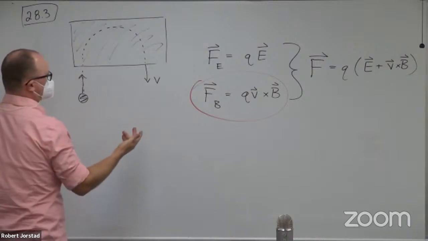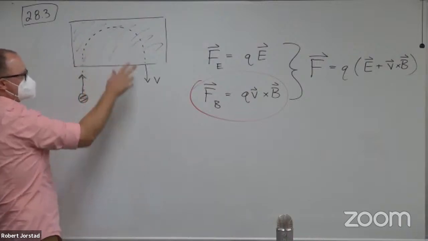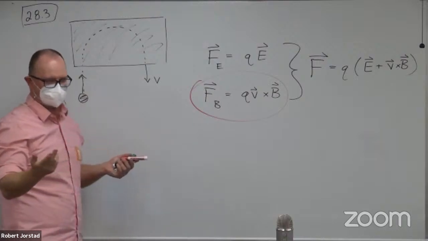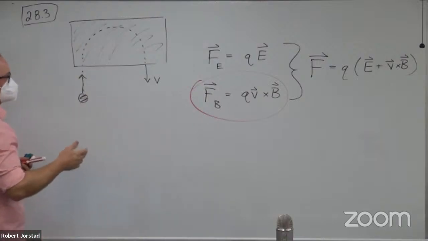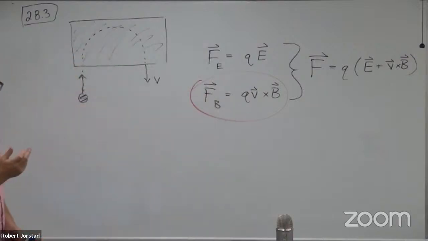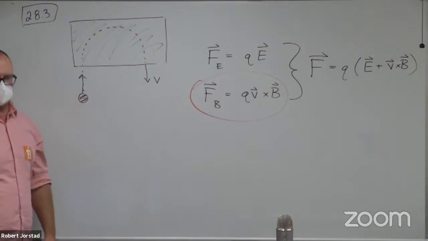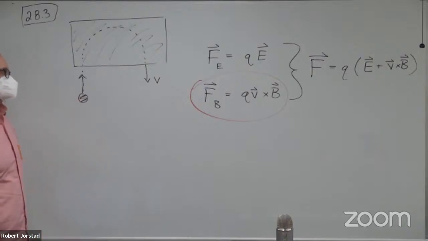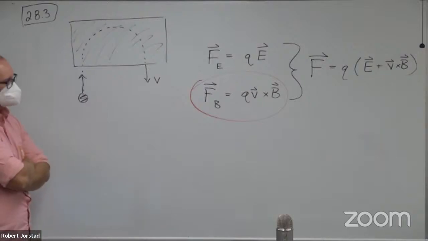So if you had an electric field here, it would do something and screw up the pattern of circular motion that we saw. So we can see that clearly here, if this thing's going in a circle, I want you thinking about magnetic forces. If you had a problem that had both an electric field and a magnetic field, and you wanted to understand the motion, how could you do it?